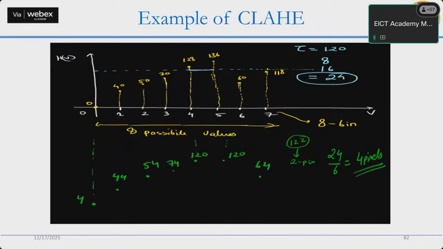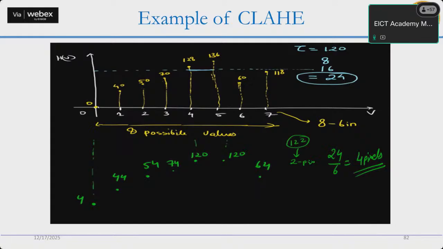Two values are in excess, so they should be divided among the other 5 values, because 2 are already above it. 2 divided by 5 is 0.4.